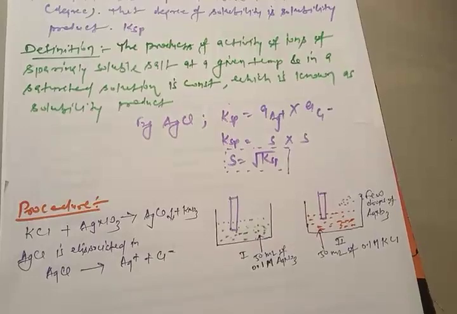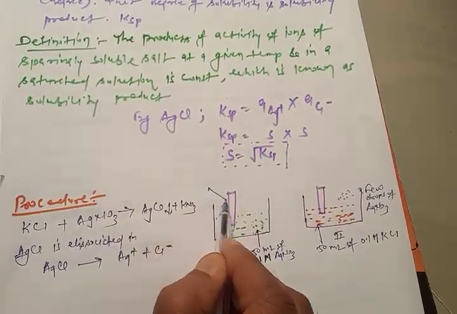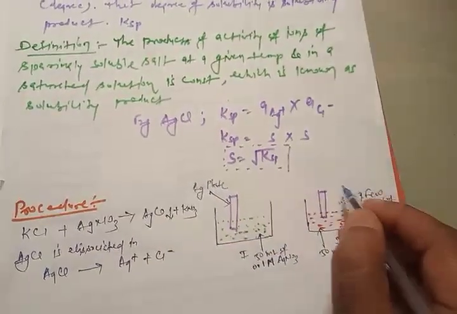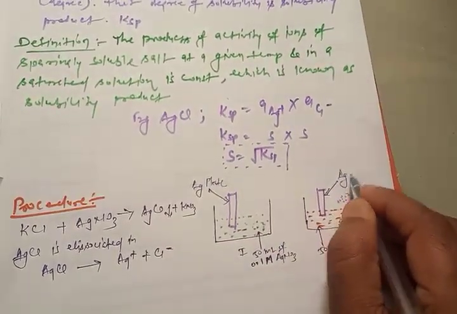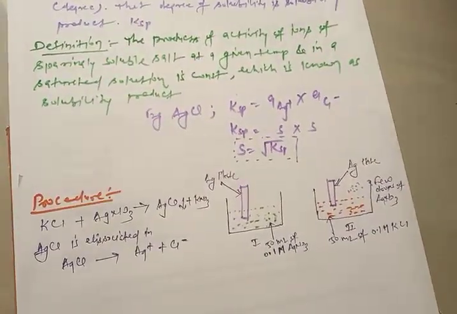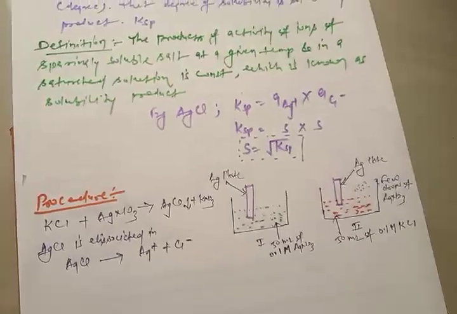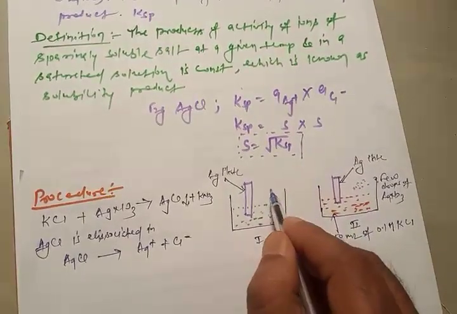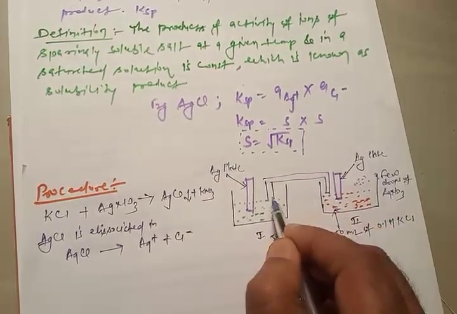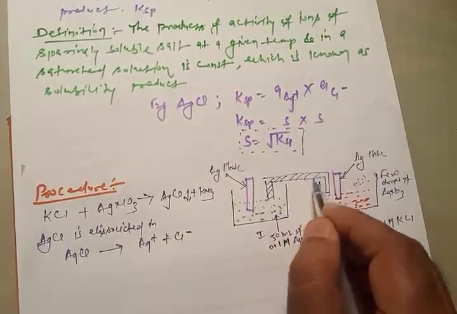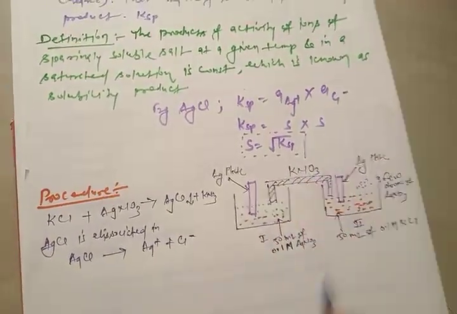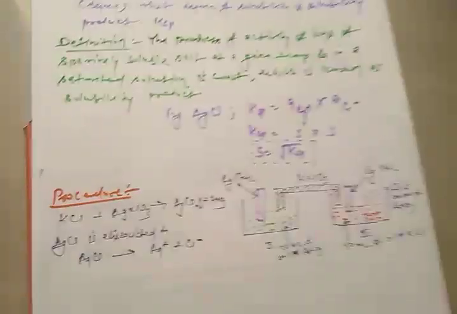In both beakers we have put a silver plate, and these two solutions are then connected with a salt bridge. You can take a salt bridge of KNO3 or NH4NO3, whatever you want.